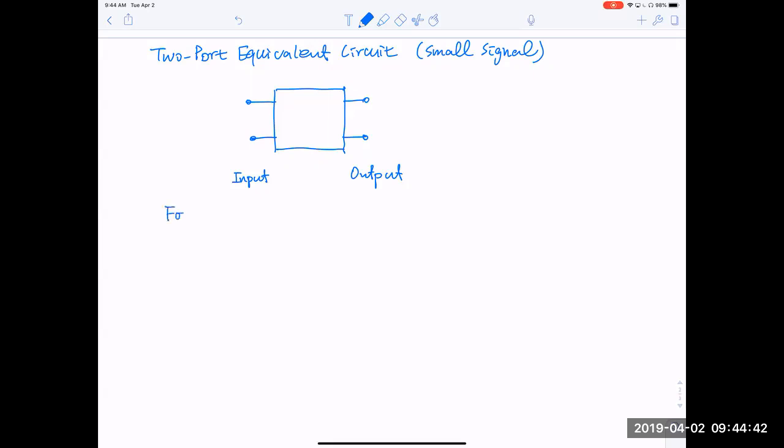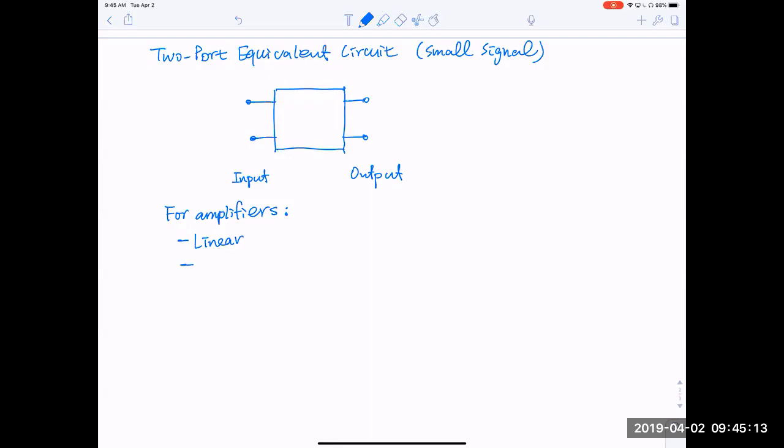For amplifiers, the assumption which is generally good is that this is a linear circuit. So if you have a linear combination of inputs, the output is simply the linear combination of the original outputs. So we talk about linearity.